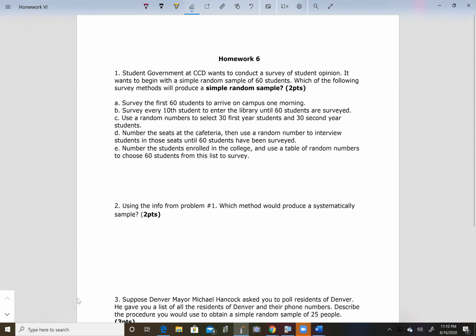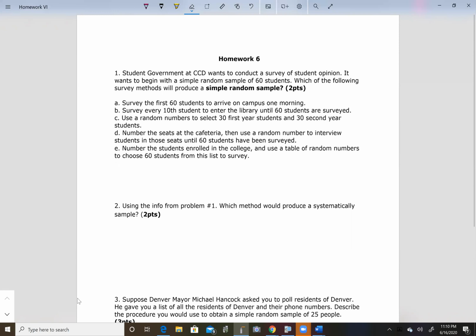D, number the seats at the cafeteria, then use a random number to interview students in those seats until 60 students have been surveyed. Well, if they want to conduct a survey of student opinion, getting all of the students from the cafeteria is not going to give you any information on students who don't eat in the cafeteria.